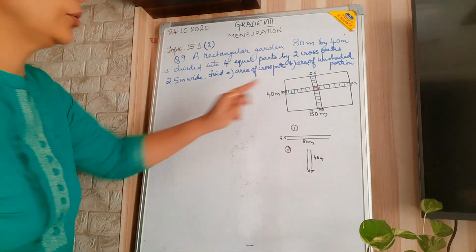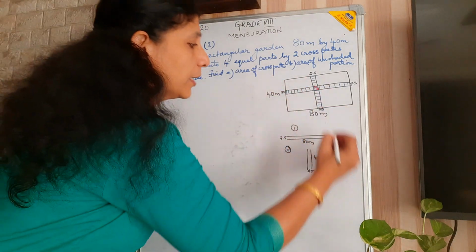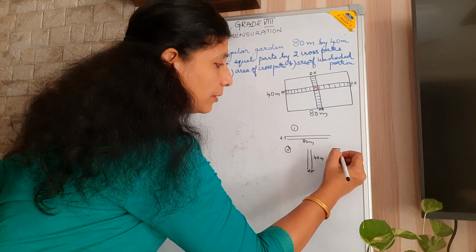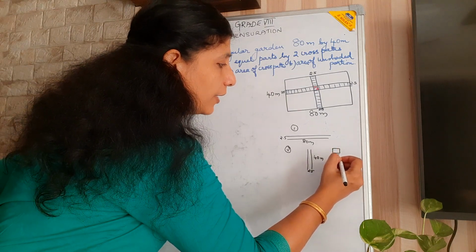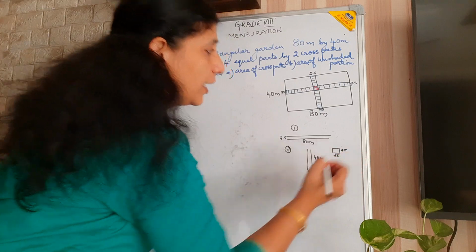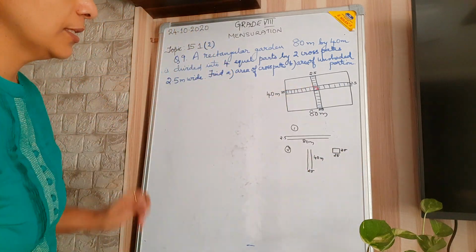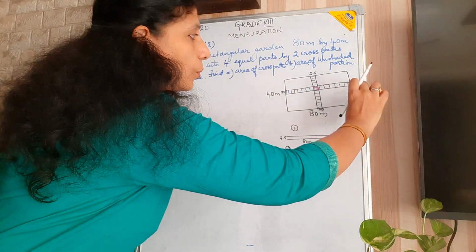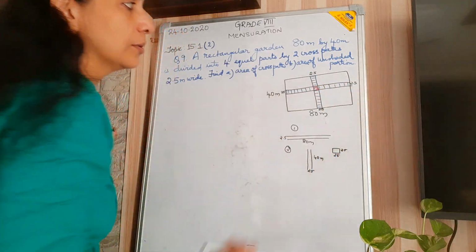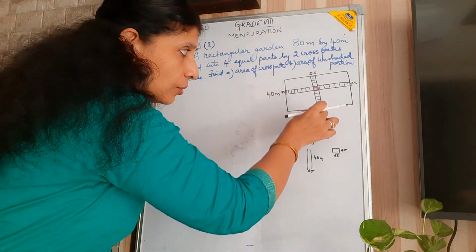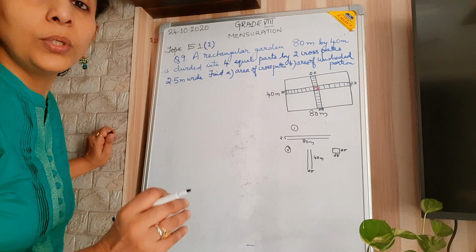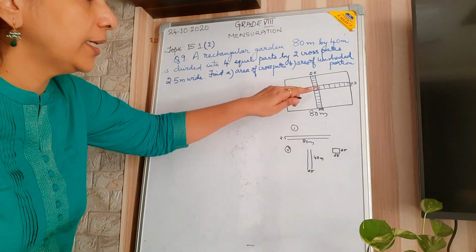Now the third one: you can find a square which I have marked in red. This one is 2.5 by 2.5. Why am I specifying it with red? Because once you make the first road, this part is covered. So while making the second road along the breadth, there is no need of covering it again.